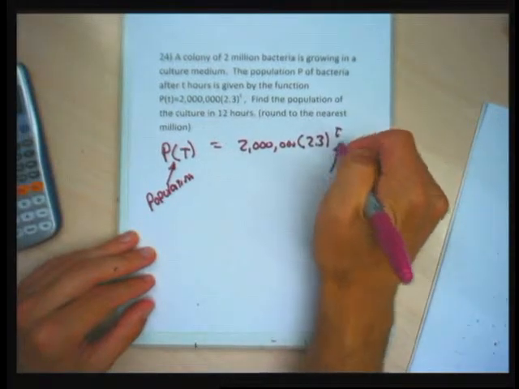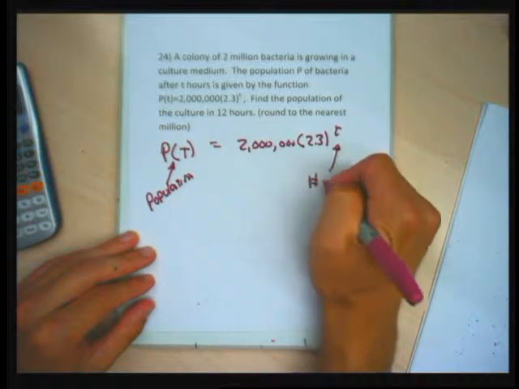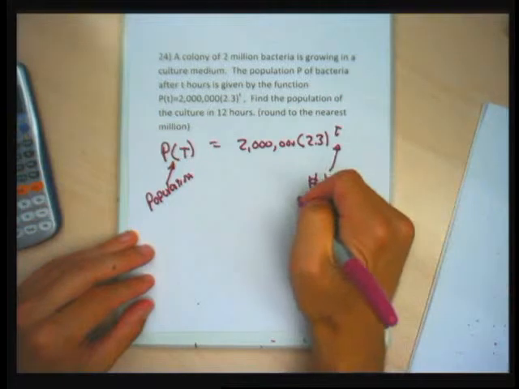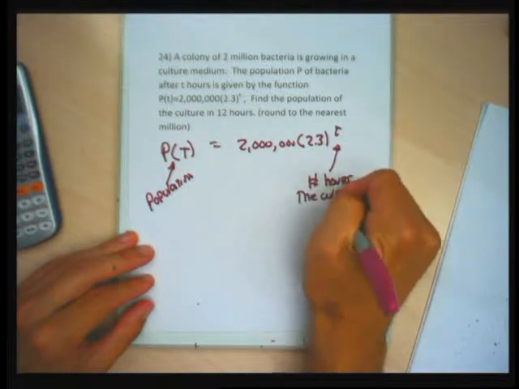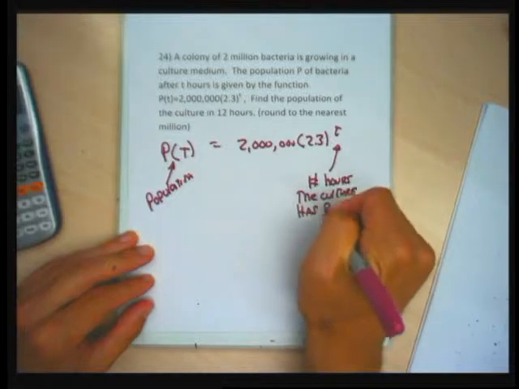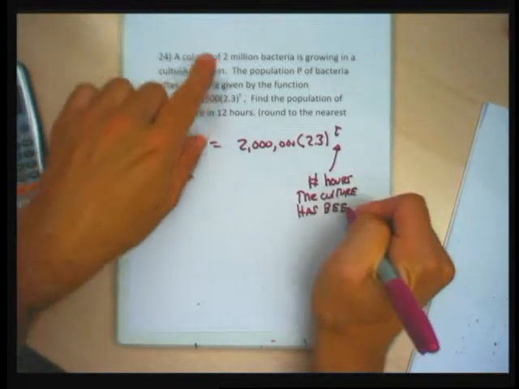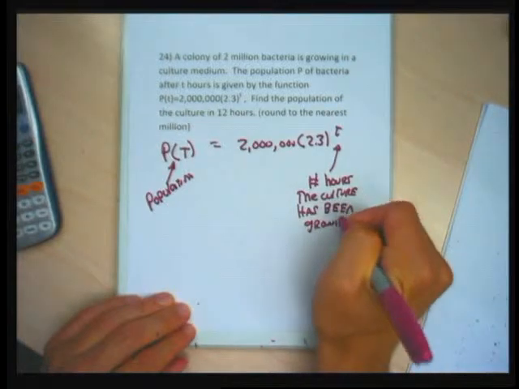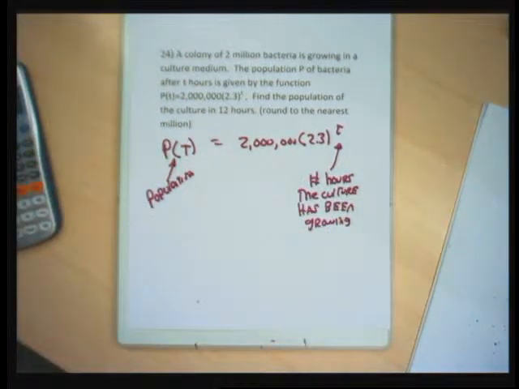t. This stands for the number of hours that the culture's been growing. The 2 million in the formula is that 2 million. So what this formula can tell me is if you tell me how long the population's been growing, I can approximate how many bacteria are in the population by just plugging that number in for t.